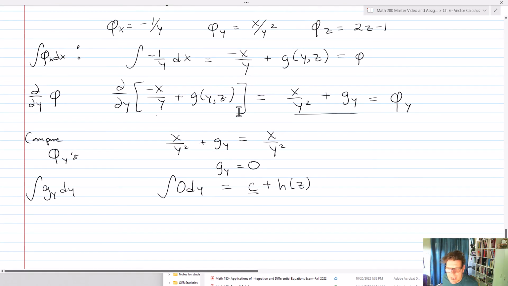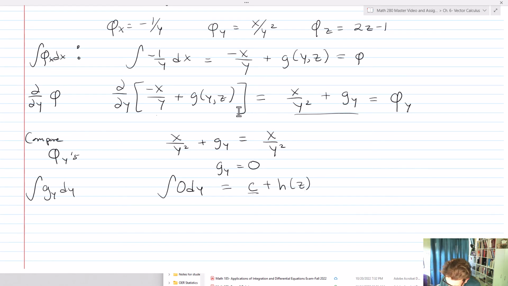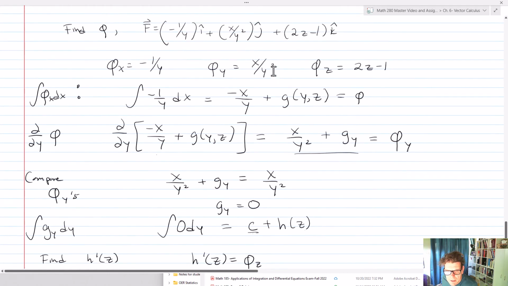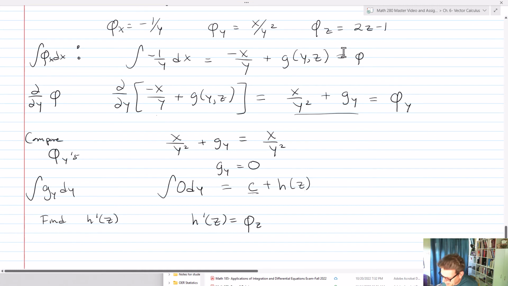So now I need to go in and find h prime of z. Well, h prime of z is going to equal phi of z, all right? And that's going to equal 2z minus 1.